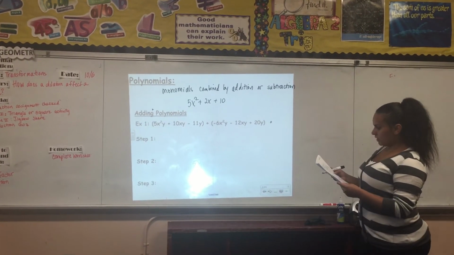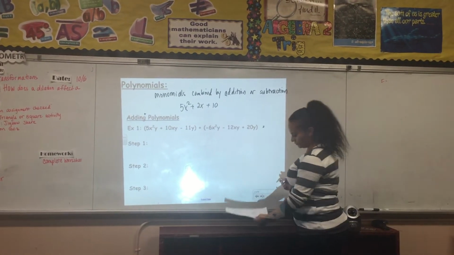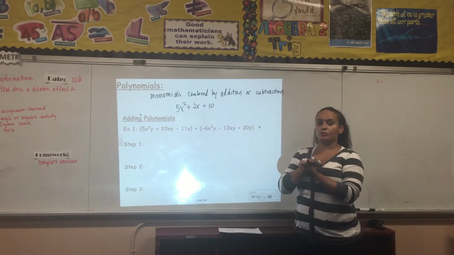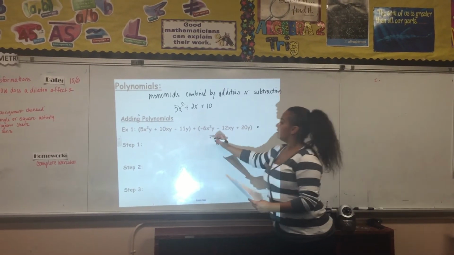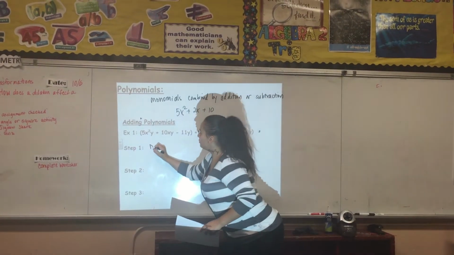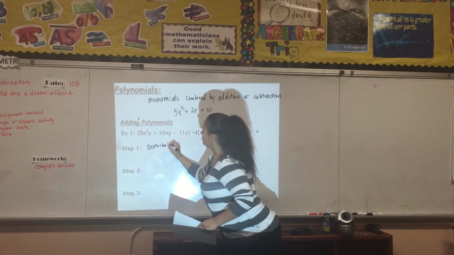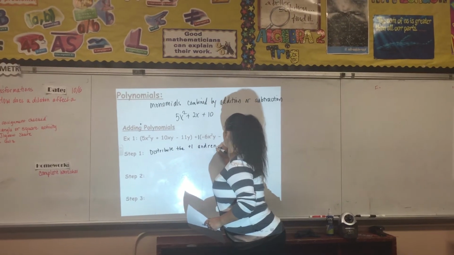Alrighty, so now that we know what polynomials are, let's start adding polynomials. In order to add polynomials, there are a series of steps. The first step is to add a divisible 1 here, distribute the positive 1, and remove the parentheses.